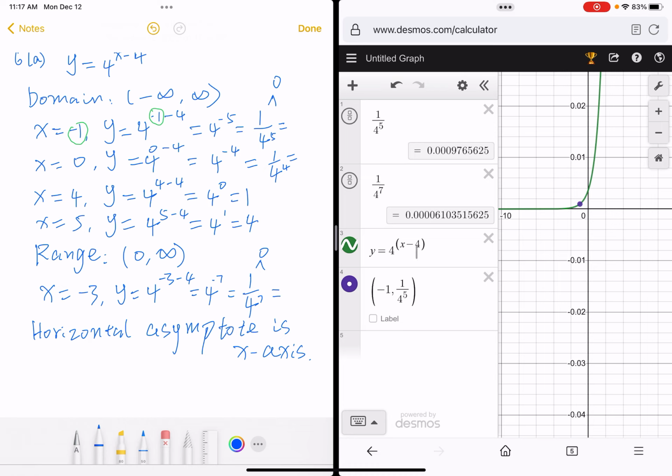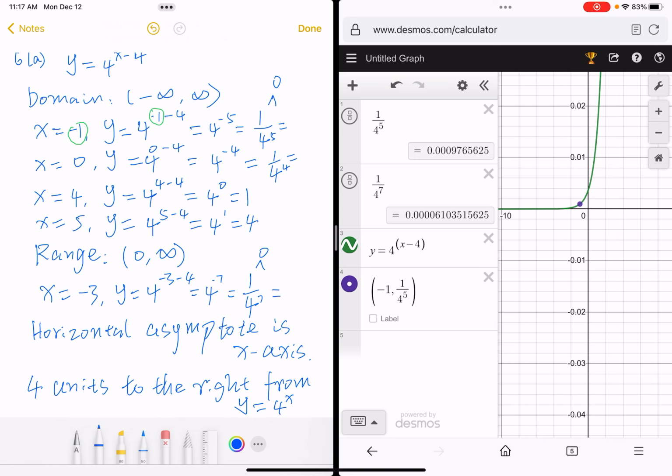Actually, this graph is the graph shifted 4 units to the right from y equals 4 to the x.